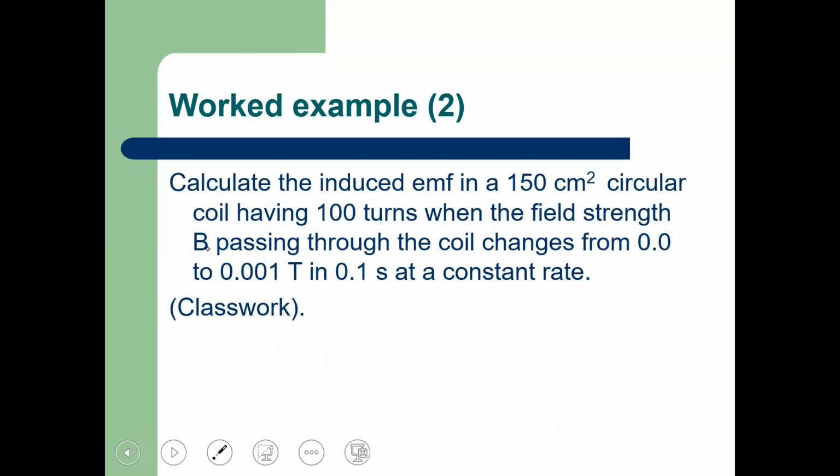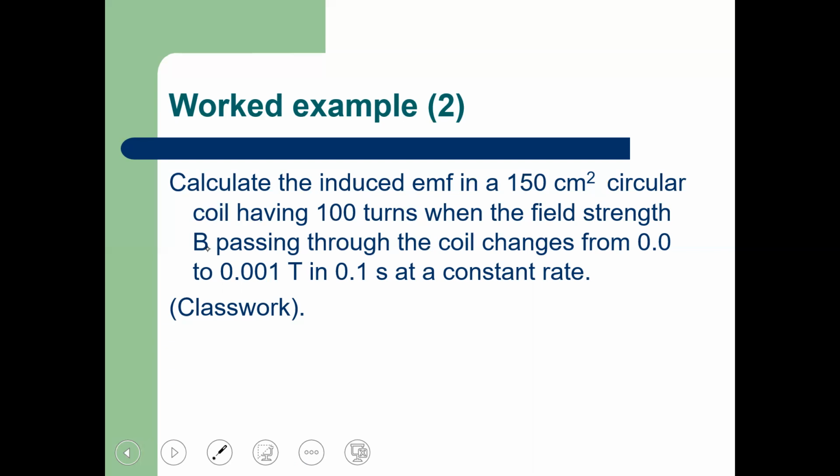So now, this is another worked example. Another example that says calculate the induced EMF in a 150 cm square circular coil having 100 turns when the field strength B passing through the coil changes from 0 to 0.001 Tesla in 0.1 second at a constant rate.